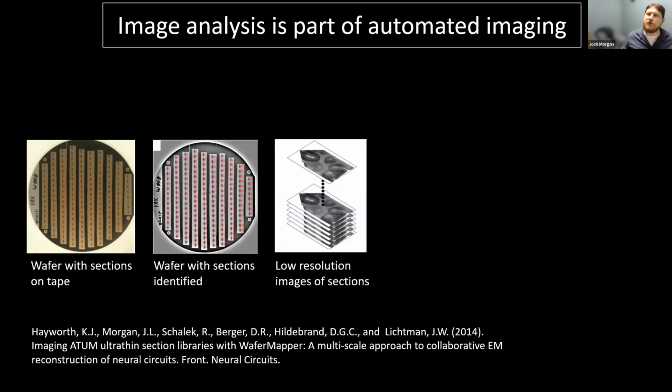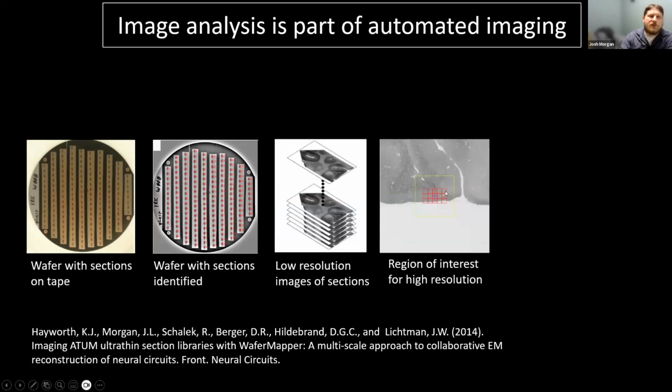That does a couple things for us. One, it lets us make smart decisions about what parts of the tissue we're going to image at high resolution. It also lets us, if we did some optical imaging beforehand, line up the optical images to this low resolution EM map and direct the imaging in that way.